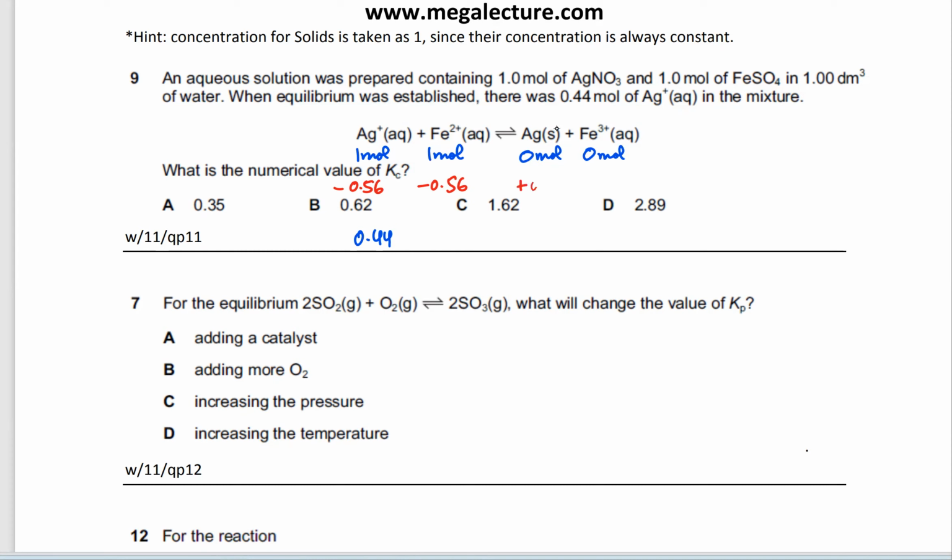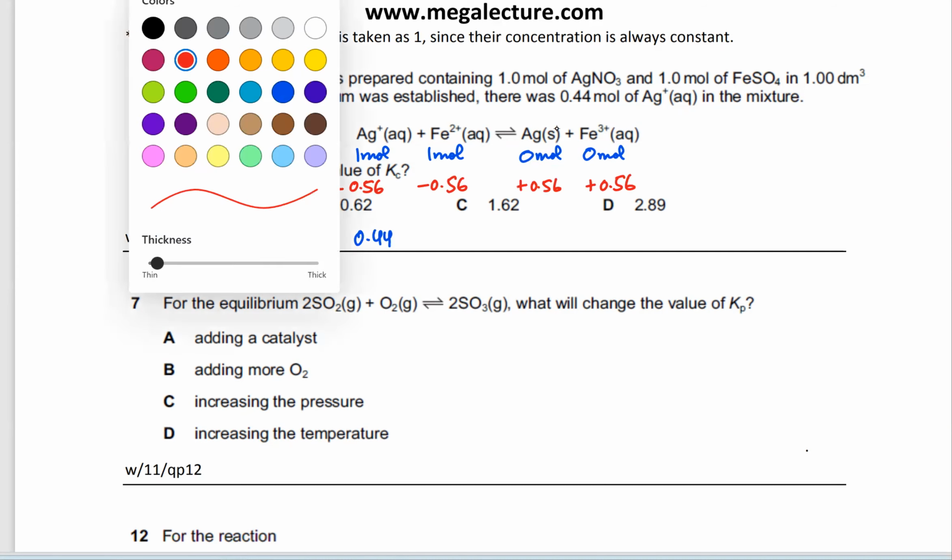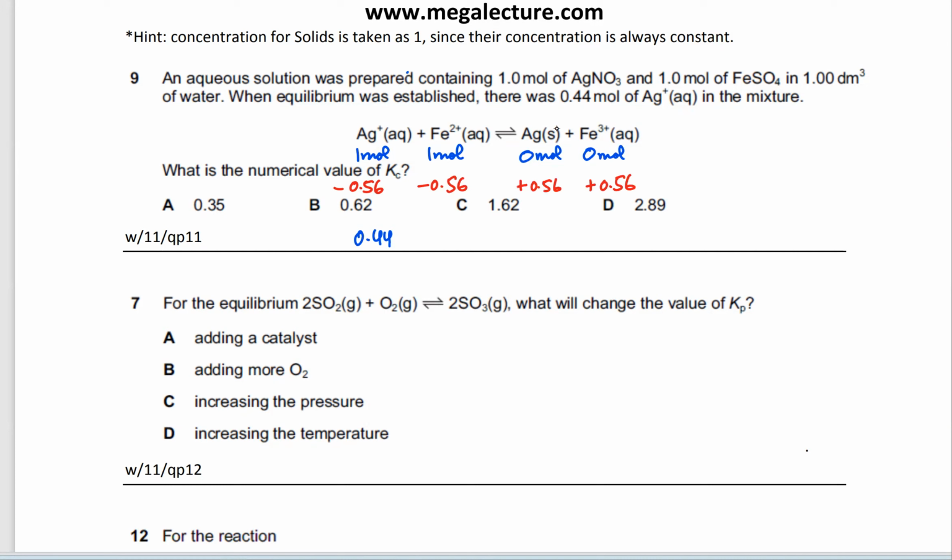It's all 1:1, so 0.56 are going to get produced, and here as well 0.56 are going to get produced. So your equilibrium moles will be 0.44, 0.56, and 0.56.